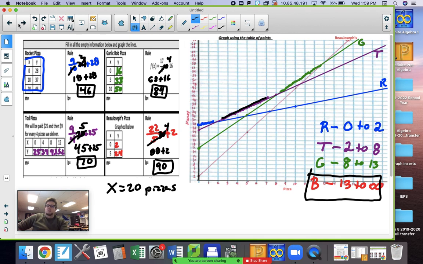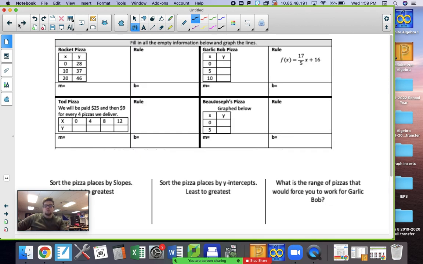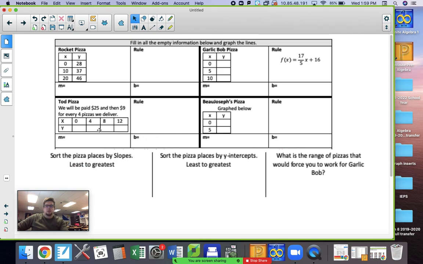The last questions on this page that we have is I want to sort the pizza places by the slopes. So, by M. This slope was 9/10. This one was 17/5. This one was 9/4, and this one was 22/5. I want to make the smallest one first.